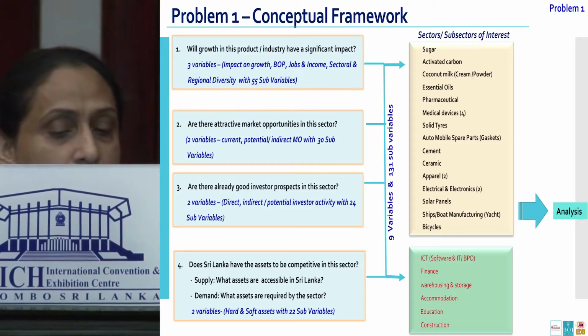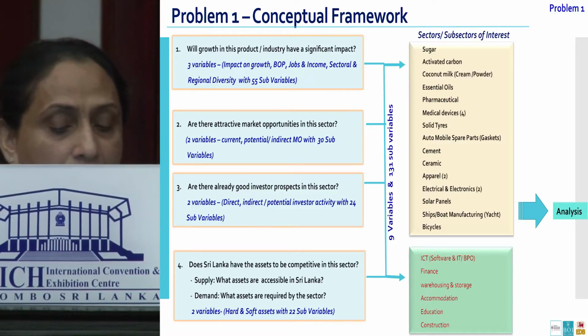So the first question was whether there will be a significant impact with the growth of this product. And for that, 3 variables with 55 sub-variables. And are there market opportunities and good investor prospects? For that, 2 variables and 30 sub-variables for the market opportunities, and 2 variables and 24 sub-variables for investor prospects.